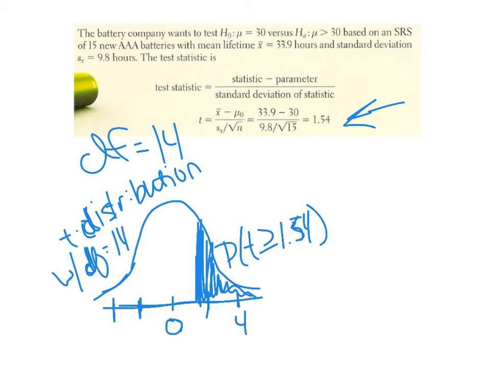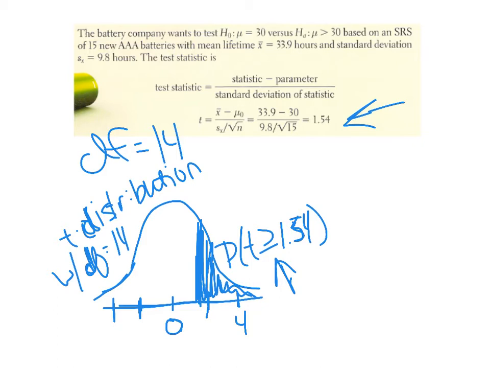So my p-value, remember, is the probability of getting a result this large or larger, in the extreme, in the direction of the alternative hypothesis, which is greater than. Otherwise, it would be smaller, smaller.